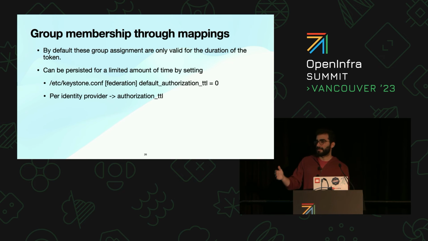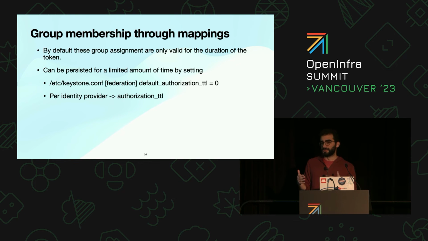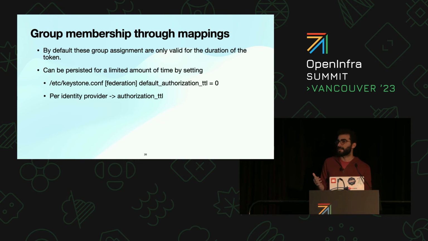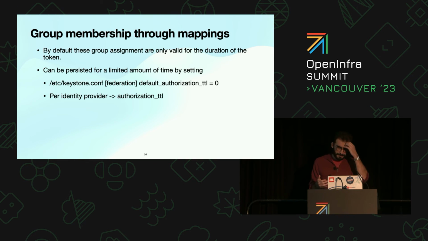And when they re-authenticate and they have that group again, that will be extended again for that amount of time. So this allows you to create application credentials, to create trusts, things that are necessary for actually being useful, because otherwise you would only be able to access things through Horizon.